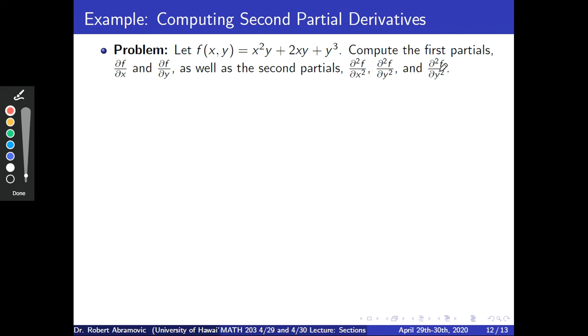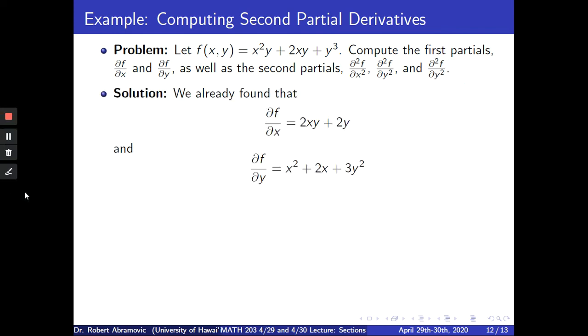This should have just been the mixed partial dx dy. We've already found the first partials, df dx is 2xy plus 2y, and the second partial, df dy, is x squared plus 2x plus 3y squared.